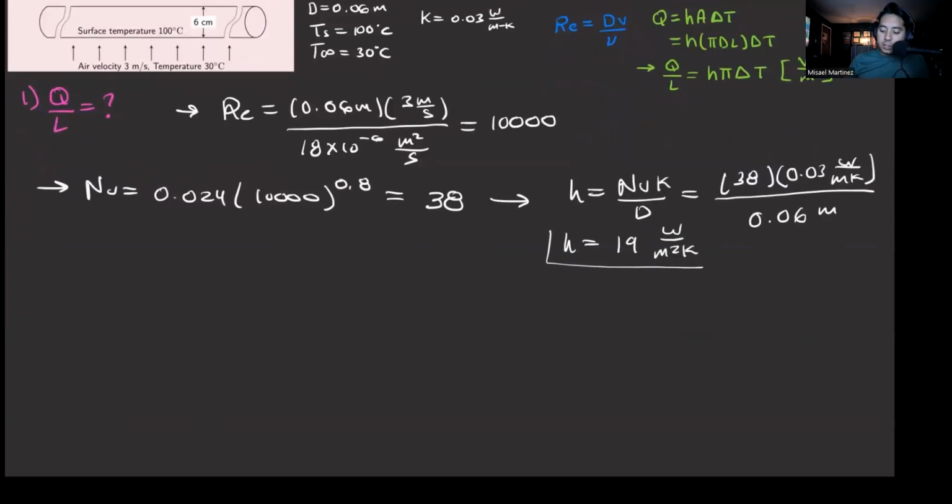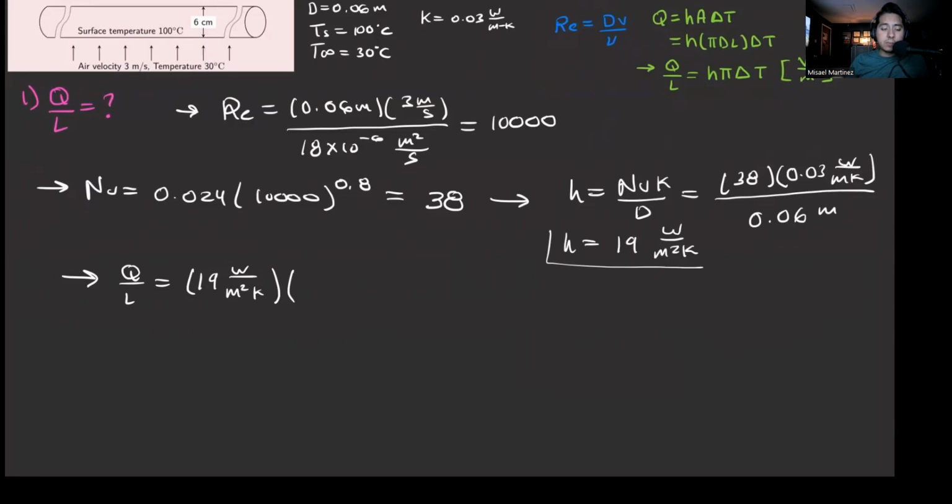Okay, so we have this one. Now we need to find our Q per L, for which we already have the formula. Q per L is equal to h, which in this case is 19 watts per meter squared Kelvin, times the area of the cylinder, which is the outside surface area.